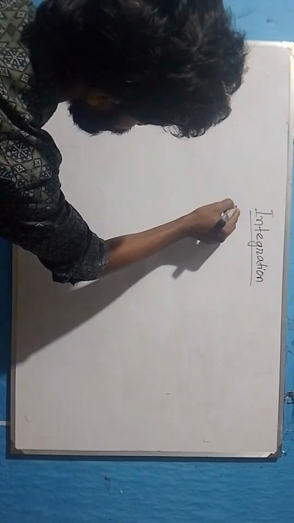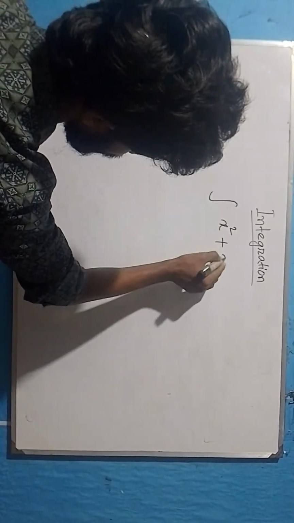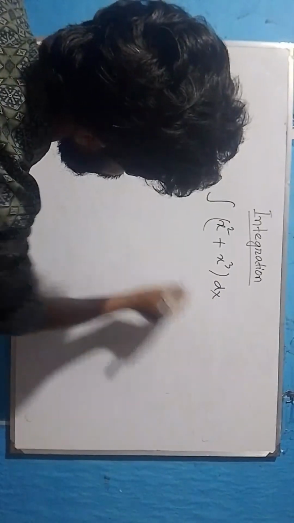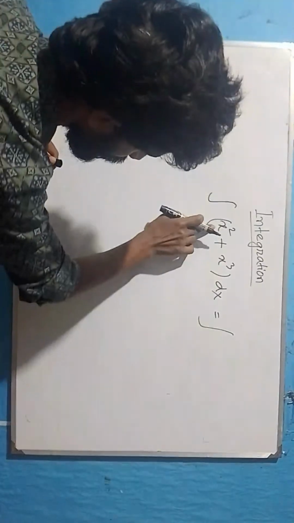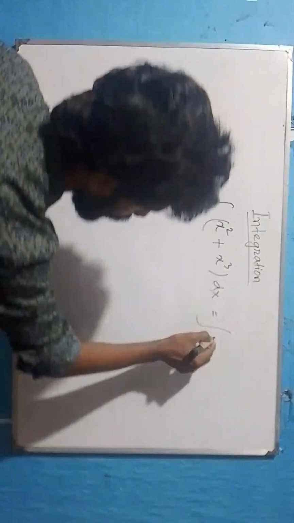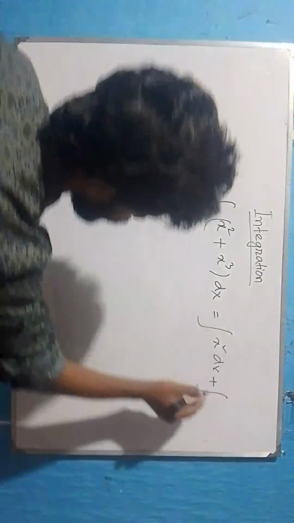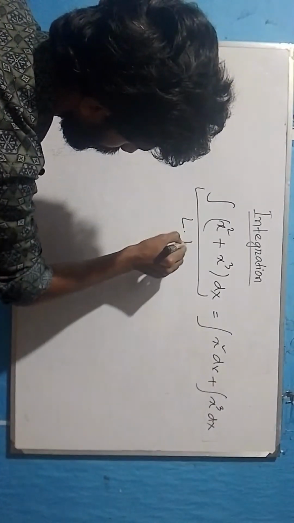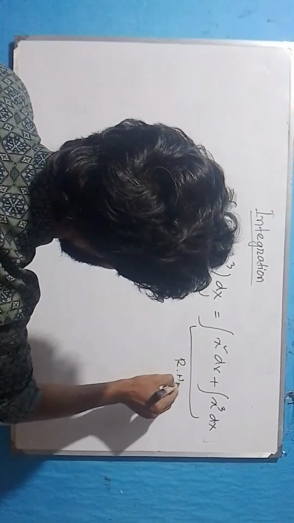So if you want to integrate x square plus x cube with respect to x, this is equal to integration of this first function x square plus integration of x cube with respect to x. So this is your left side and this is your right side.